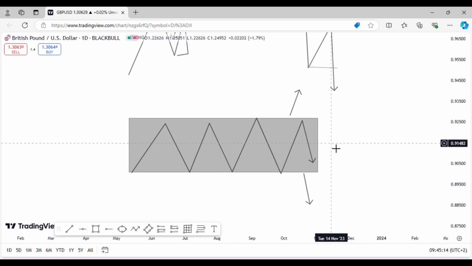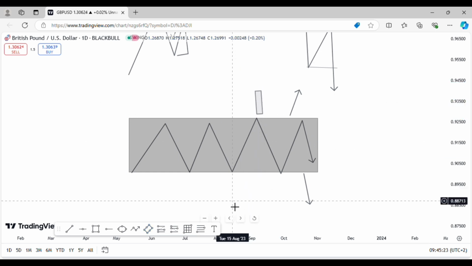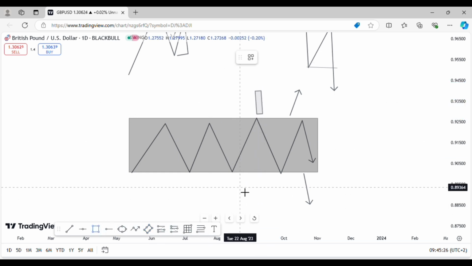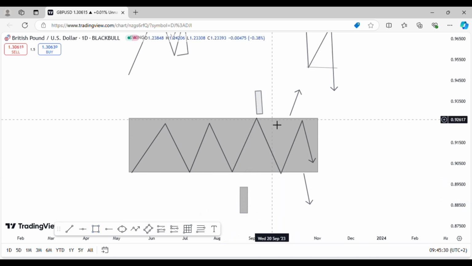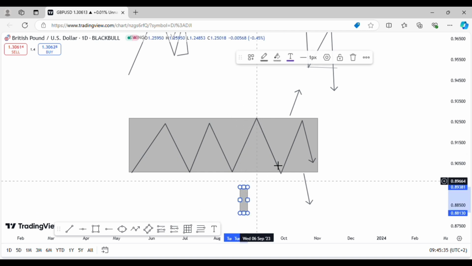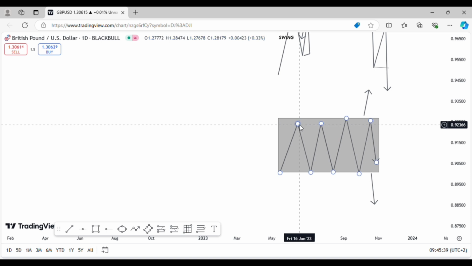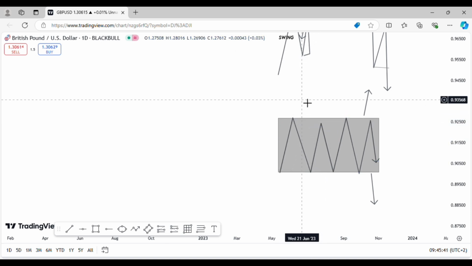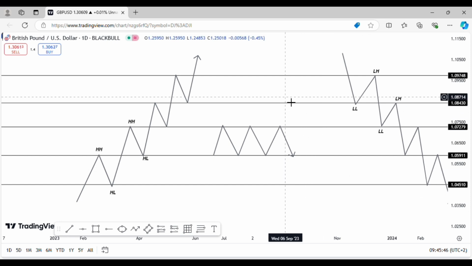If it doesn't close above or below with a full candlestick, then I would advise you to just let go until that happens, because you might blow the account. The market makers might manipulate you at some point. Then I'll get into the charts and show you how we identify that.